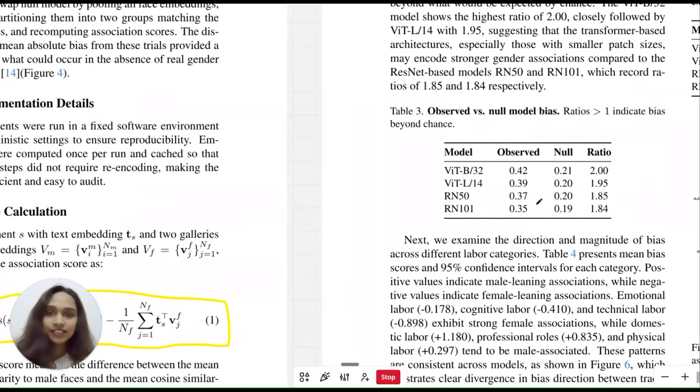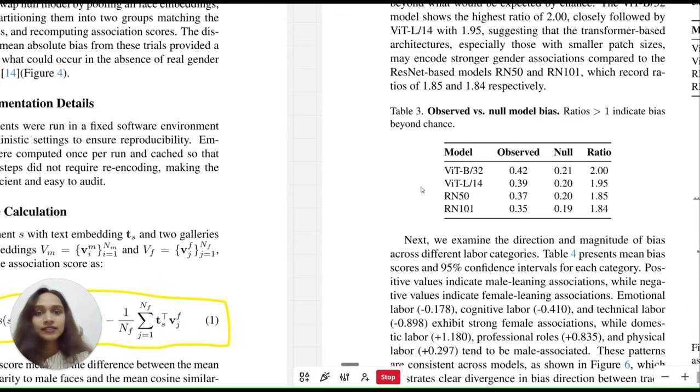So here we have the results. When we compare the observed bias with the null baseline, all models show stronger bias than what randomness would produce. And the transformer-based vision language model, ViT-B32, shows the highest ratio of observed to null bias.